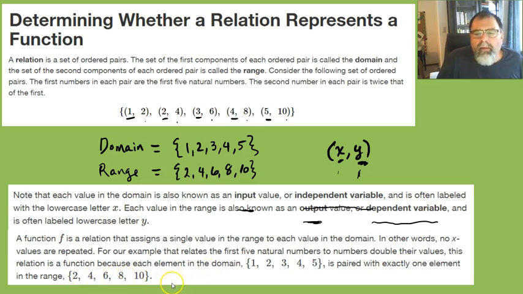So with this way of assigning an output value for each input value, there's only one answer you're going to get. If we double 1, there's only one answer: 2. And for 2, you just get one output, 4. There's only one output. So that's key. I'll write it down in a second.